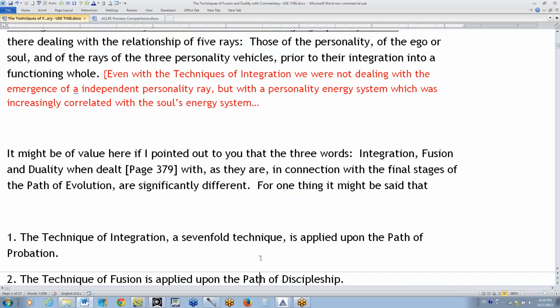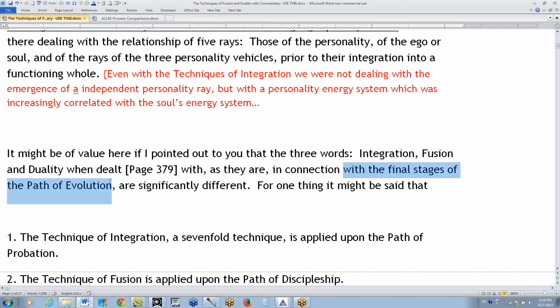It might be of value here if I pointed out to you that the three words, integration, fusion, and duality, when dealt with as they are in connection with the final stages of the path of evolution, are significantly different. All right.